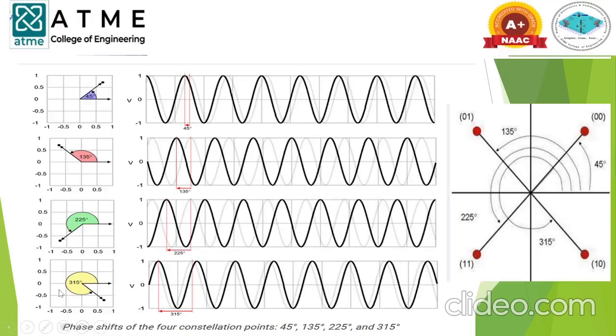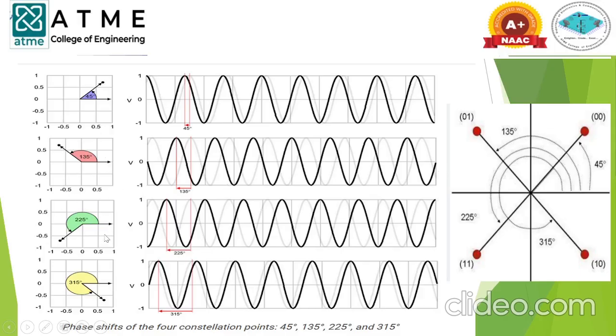This is the constellation points waveform, and along with the constellation diagram, for 45 degrees the point lies on the first quadrant, and this is the waveform for 45 degree phase shift. For 135 degrees, the point lies on the second quadrant, and this is the waveform for the 135 degree phase shift.